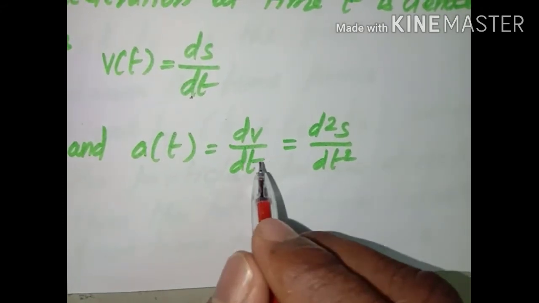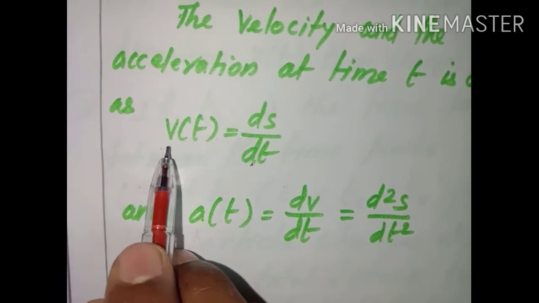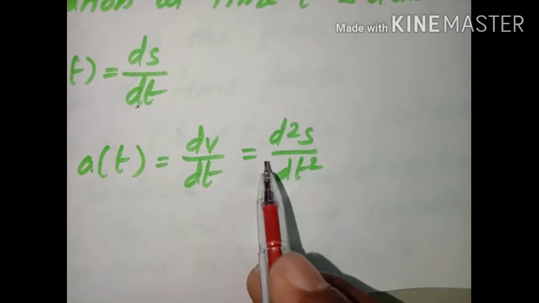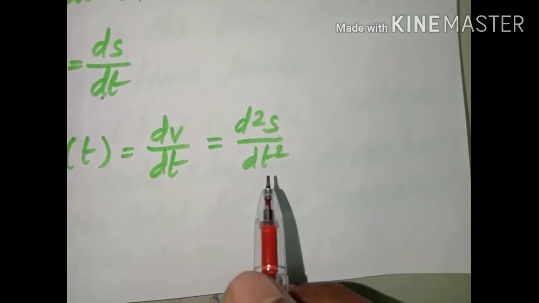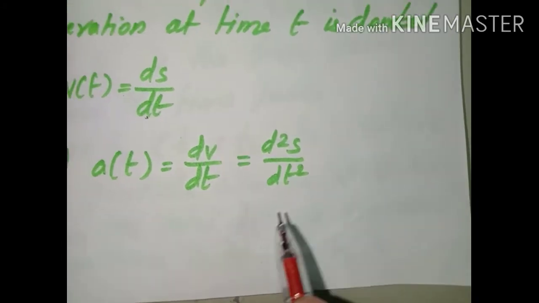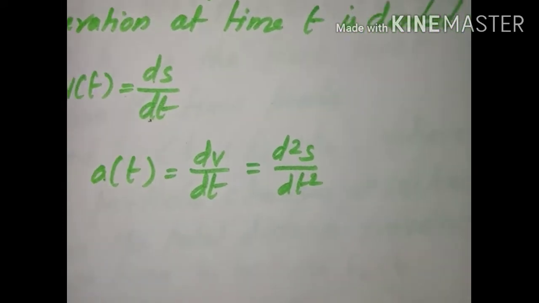Differentiating velocity with respect to t, dv divided by dt equals d square s divided by dt square. So these are all equal to the acceleration value.